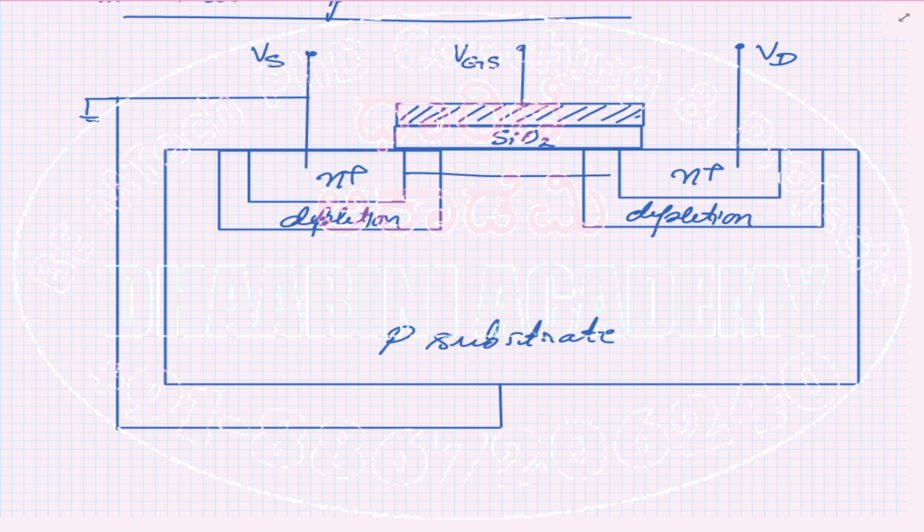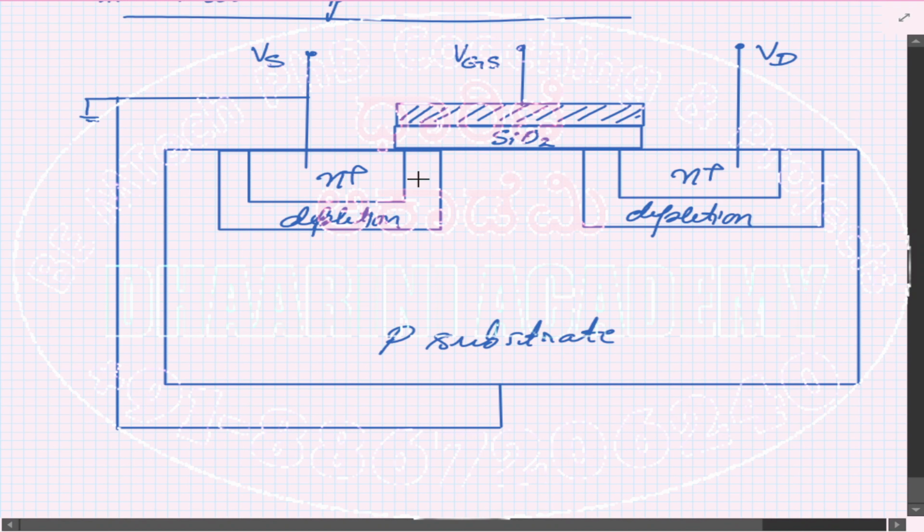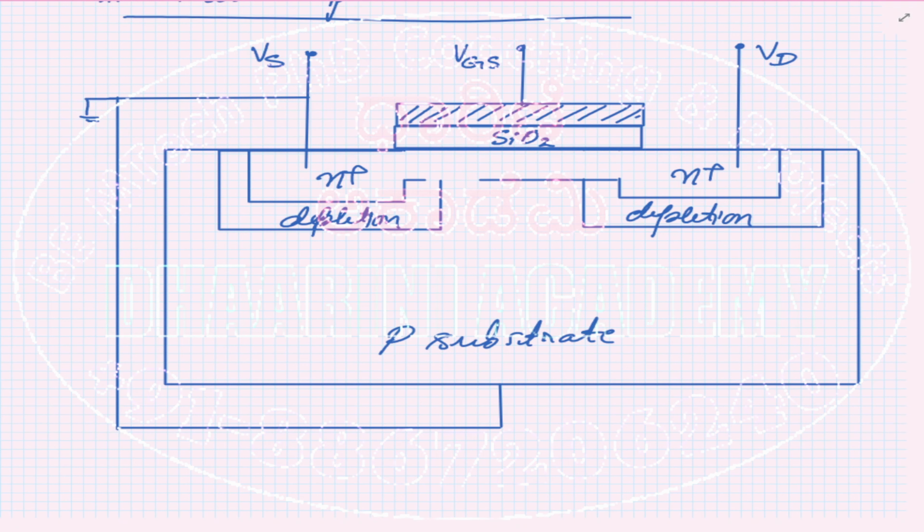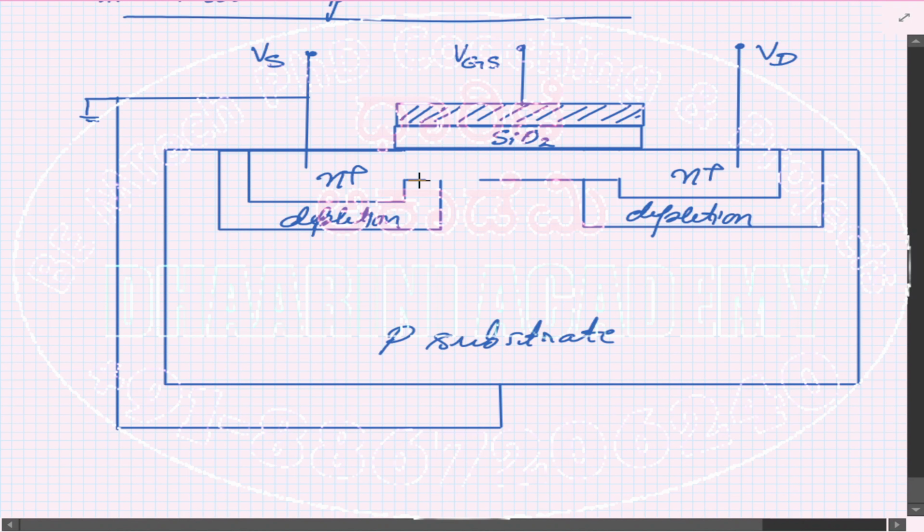I'll draw a straight line so that this looks neat. So I am connecting here to here, and I'm not going to have this part. Previously connected, so you already have this region like this.